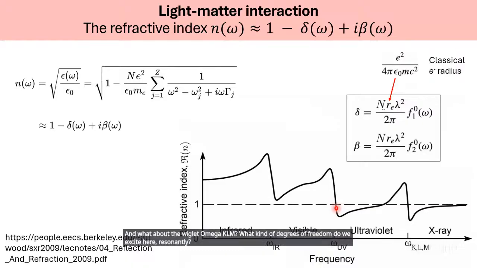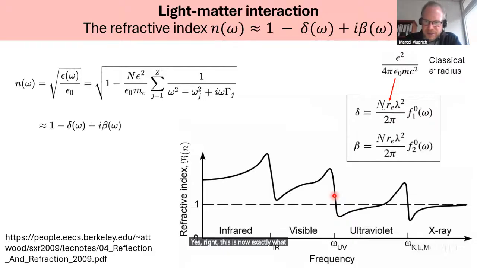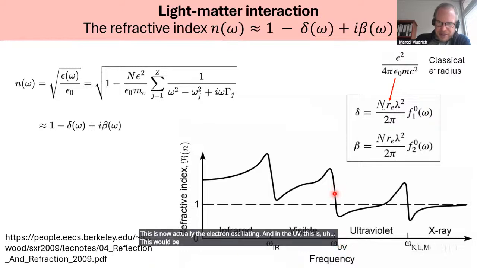Electron transitions. Yes, right. This is exactly what Jayesh was just mentioning before. This is now actually the electron oscillating. And in the UV, this would be the valence excitation.